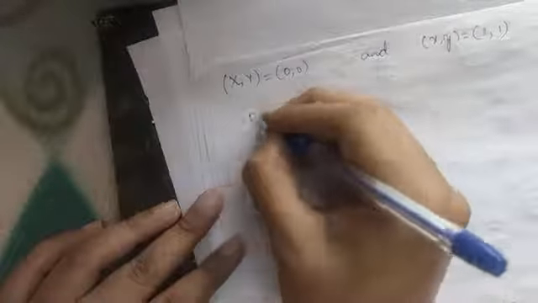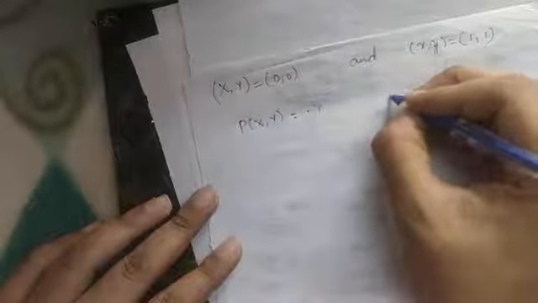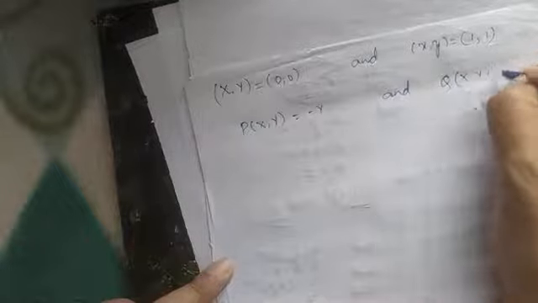Now I am considering p of x comma y, that is nothing but minus y, and q of x comma y is nothing but 2 into x minus y.